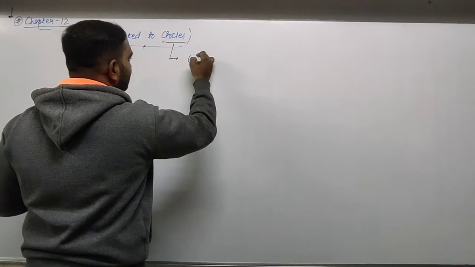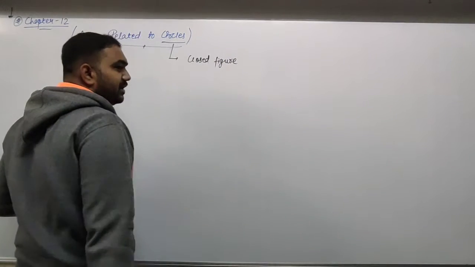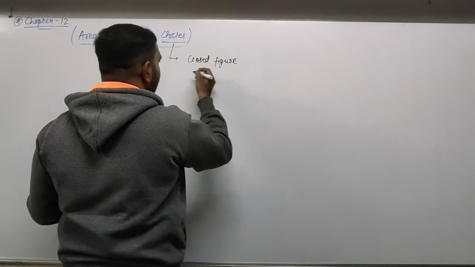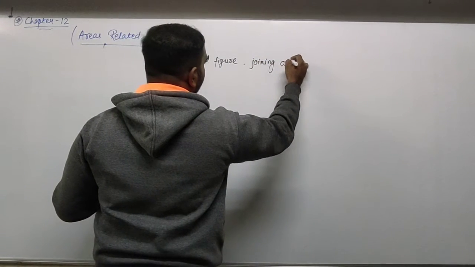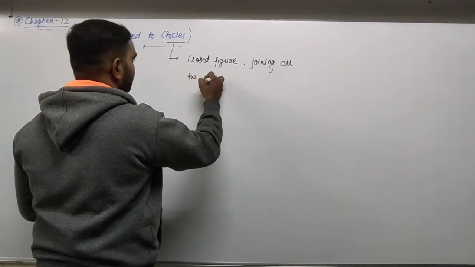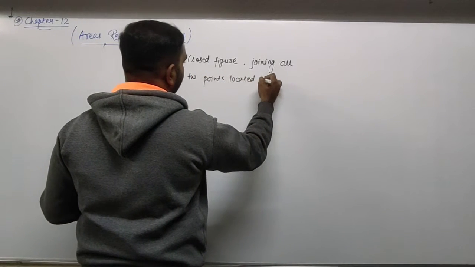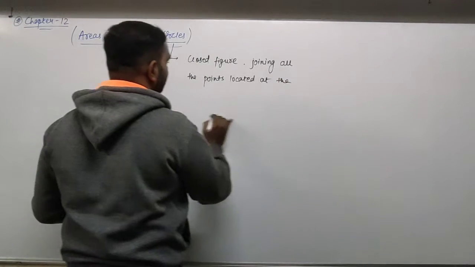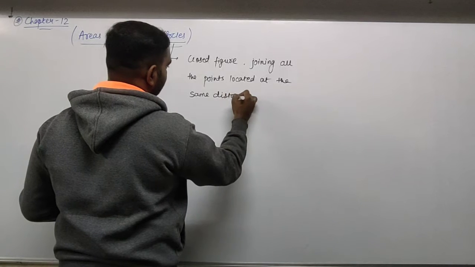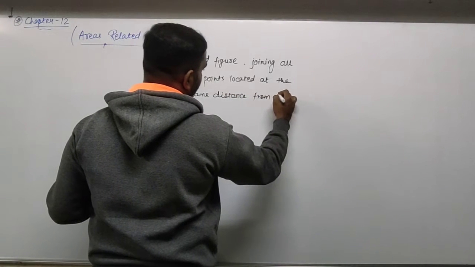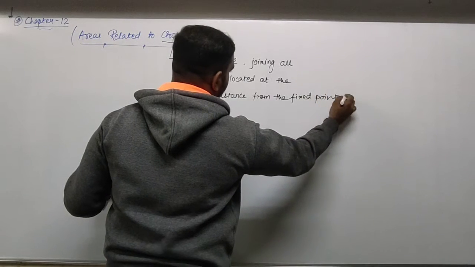Circle, that is a closed figure formed by joining all the points located at the same distance from the fixed point, right?